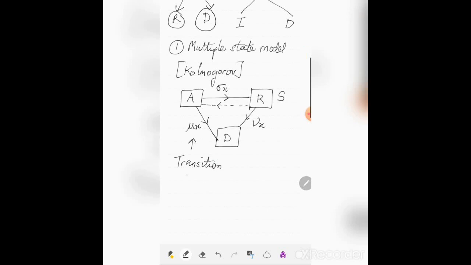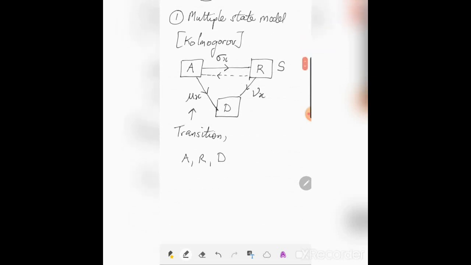So here I talk about the three states: A, R, and D. And anytime I talk about a typical transition intensity from age x to age x plus t, if I'm talking about, let's say, AR, what does this mean?